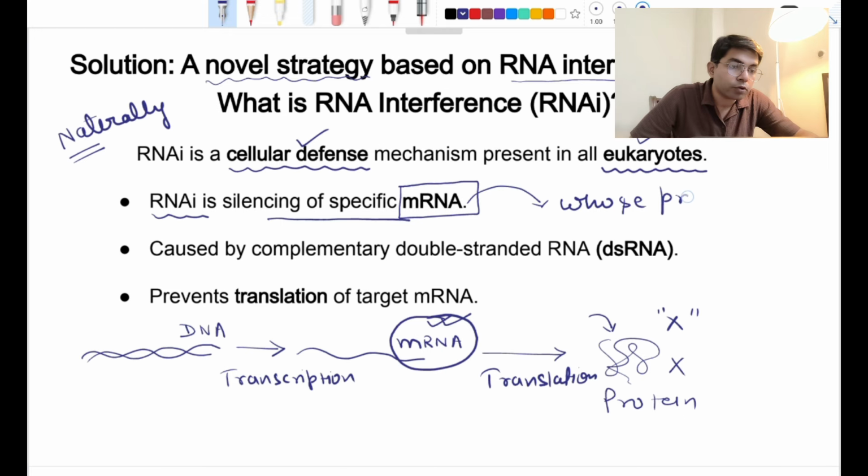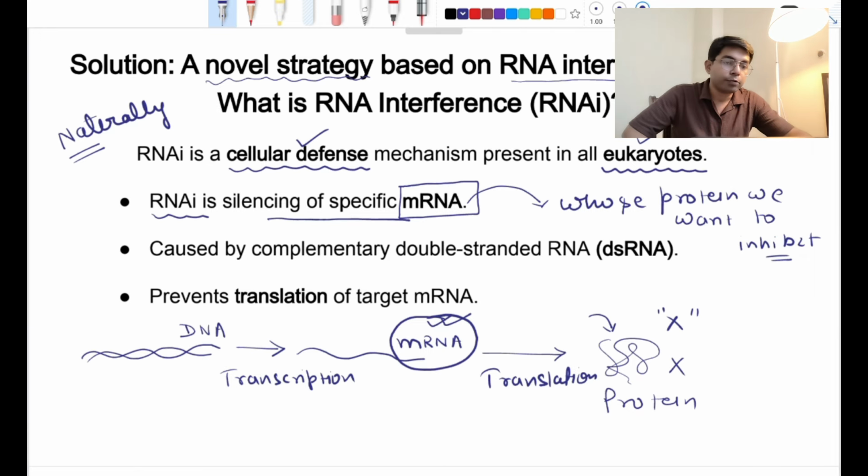Which protein do we want to inhibit? We will choose a protein which is very important for the cell to survive, and that protein we will target. So now we understood the target. If I ask which process it will affect, it will affect translation, because the mRNA is already formed.